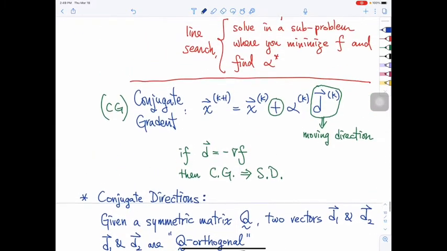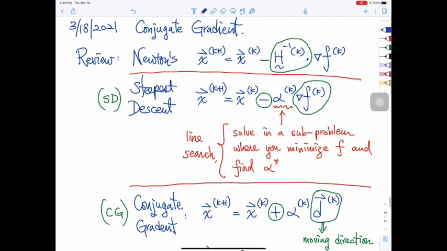When we use steepest descent, we need alpha, a coefficient in front, because we don't know how far we need to go. But in Newton's method, there's no coefficient here. Hessian inverse itself already knows where to go, because it was derived from the second order Taylor's expansion. It was derived from the first order derivative equals to 0.